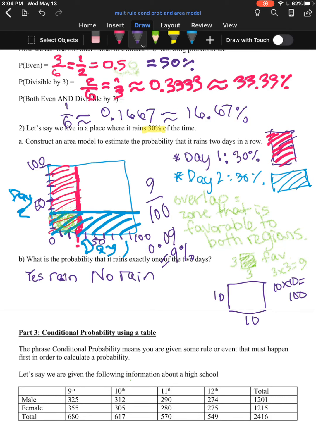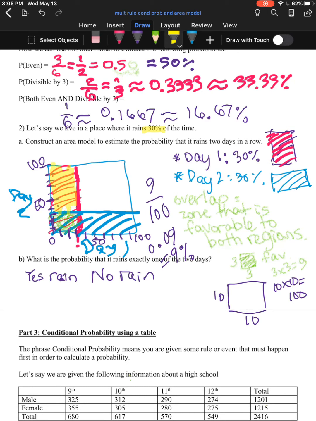But if it doesn't rain on day 2, instead of using the 3 for the yes, we would use the 7 for the no. So the color I'm shading yellow right now is the yes rain day 1, no rain day 2 zone.